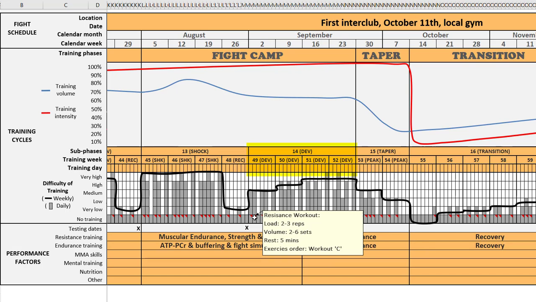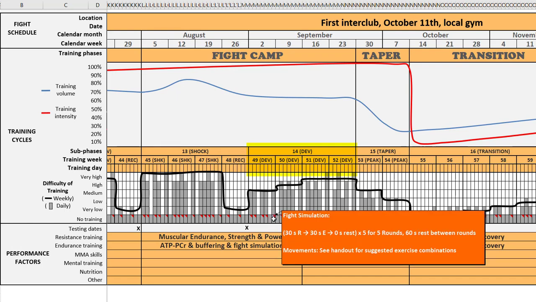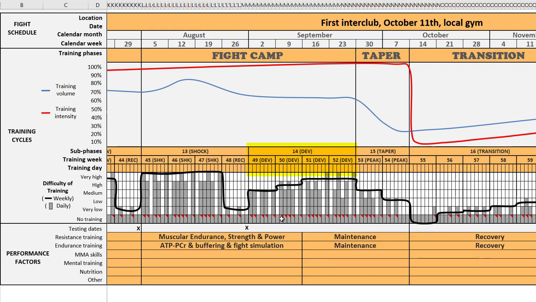Now, the first resistance workout focuses on strength with 2 to 3 reps, while the second, you can see here, is a power workout, but the same repetition range. And at the end of this week, there's also a fight simulation with no rest between the blocks. So that's a very difficult week again.